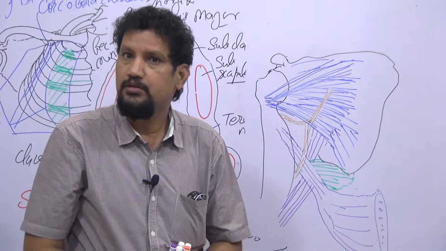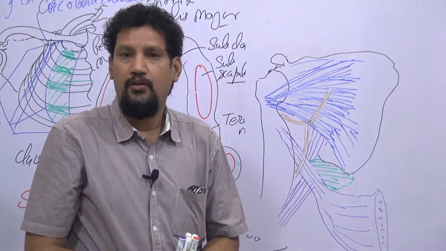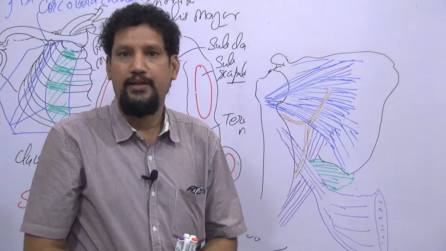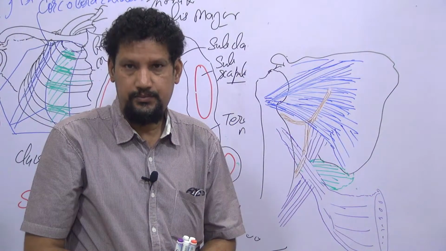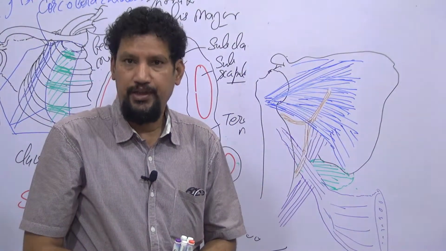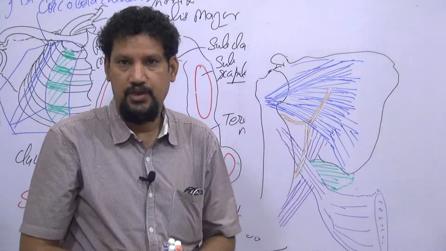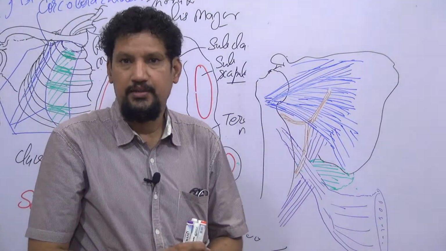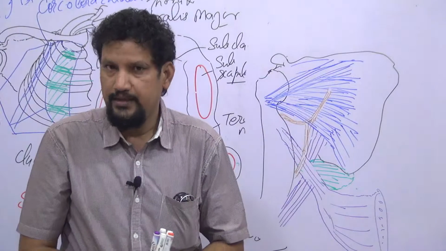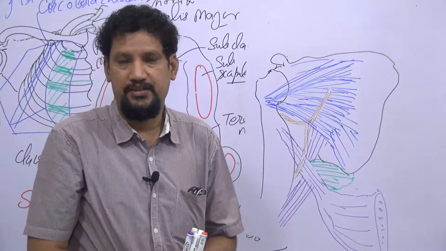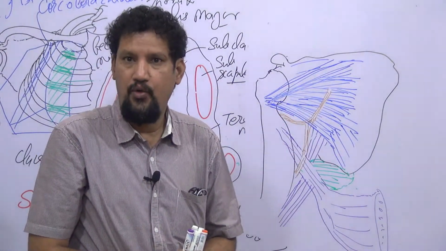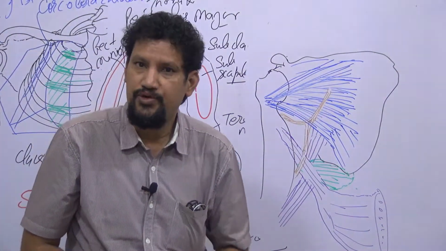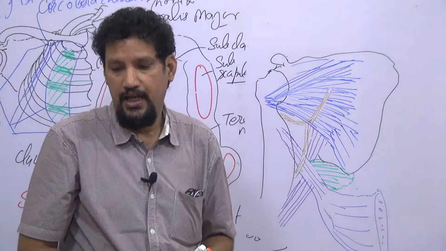Now I will talk about the contents or the structures inside the axilla. As you all know, axilla is having 4 surfaces, 1 base and 1 apex. The medial boundary is large and formed by the lateral surface of the thoracic cavity, while the lateral surface is narrow and formed by convergence of the anterior and the posterior surfaces of the axilla.